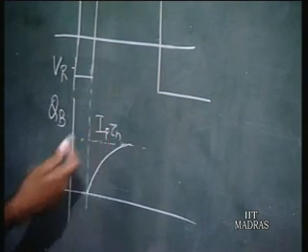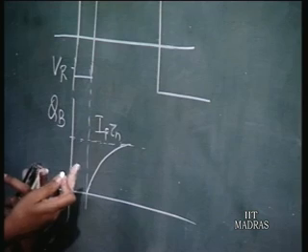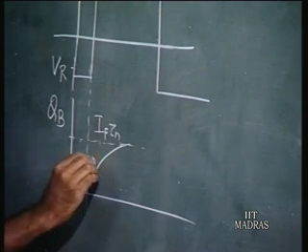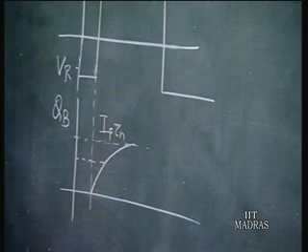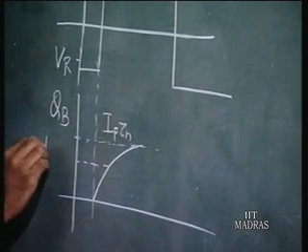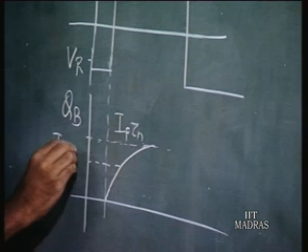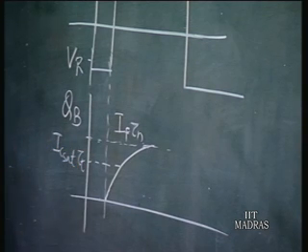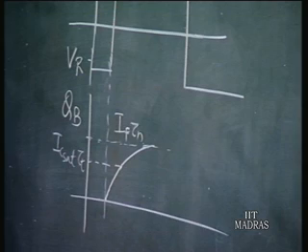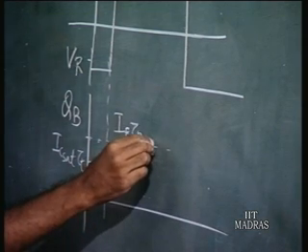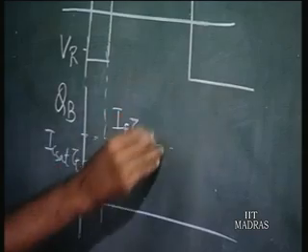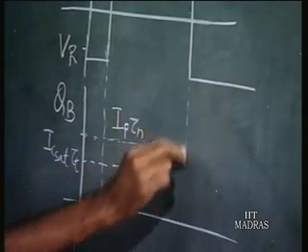IF tau n is much greater than the charge required for saturation. Suppose it reached saturation here at this point, that is equal to say IC sat tau t. So at this point it reached saturation, but the charge goes up all the way here. So it is going to be something like this.